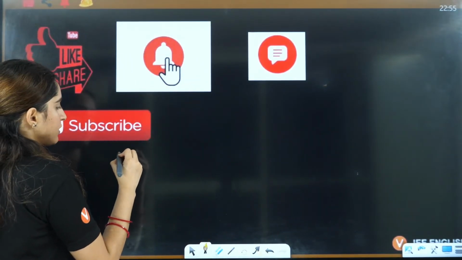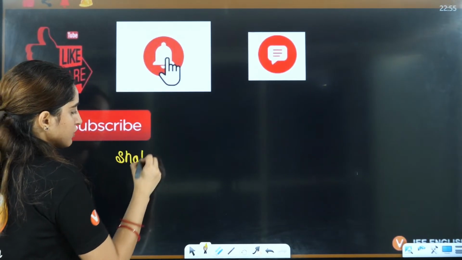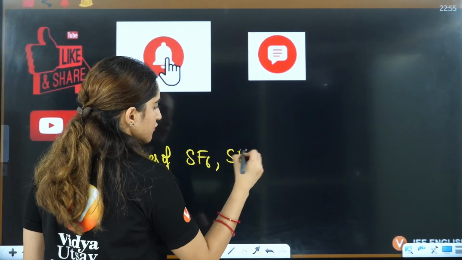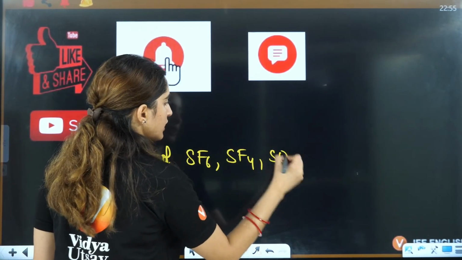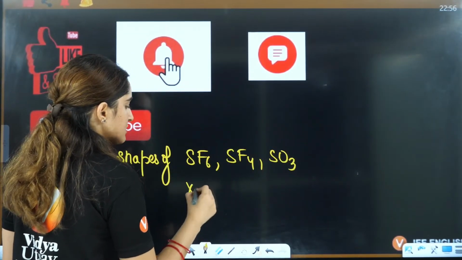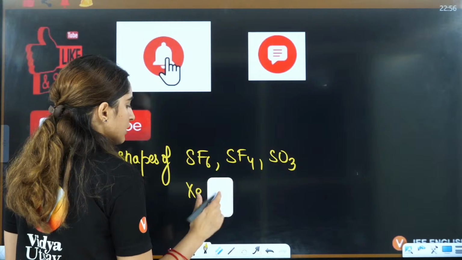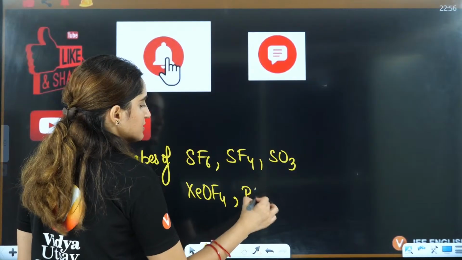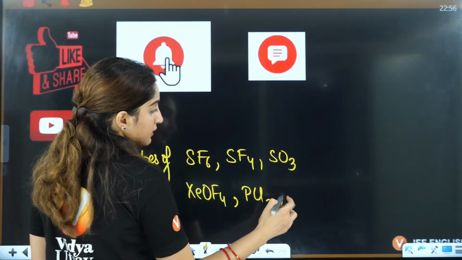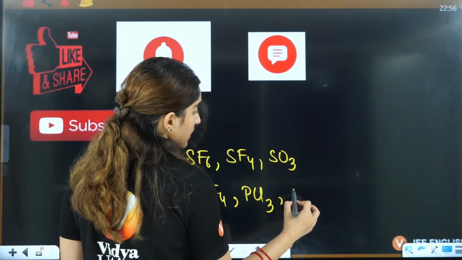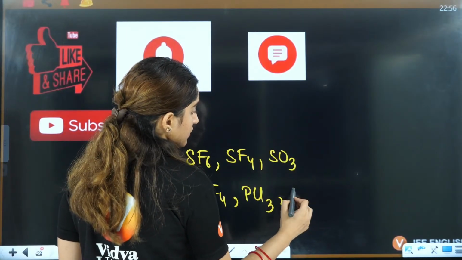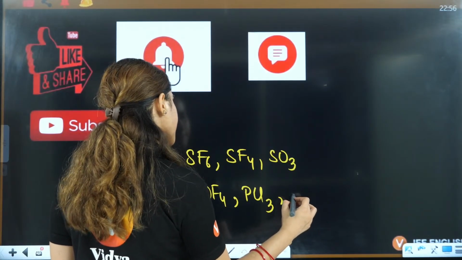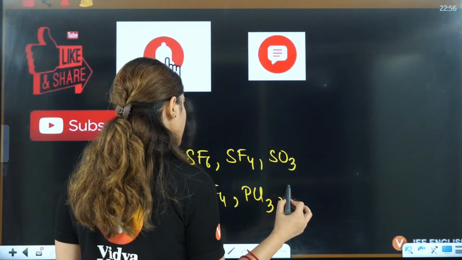You need to find out shapes of SF6, SF4, SO3, XeF, XeOF4, then PCl3, and I think that's it.